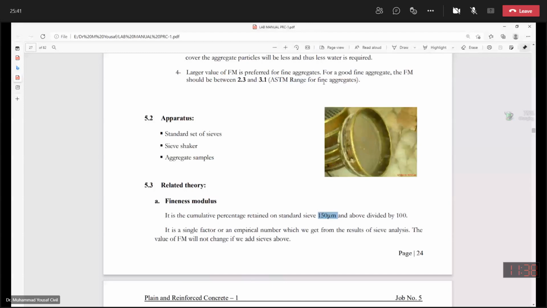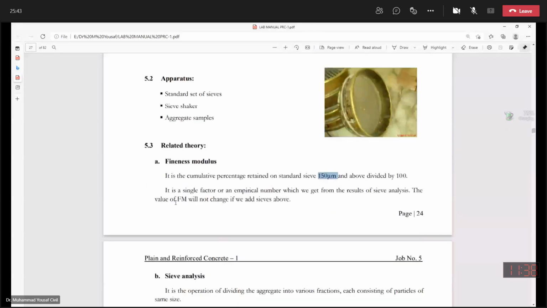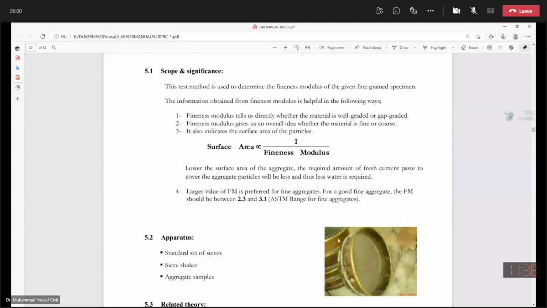Now, what is fineness modulus? It is a single factor, an empirical number that results from the sieve analysis, and the value of fineness modulus will not change if we add sieves above. It means if this is sieve number 4, I can place sieves with large openings above this one.